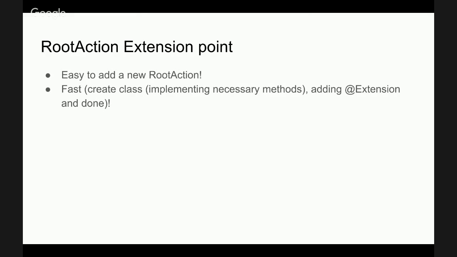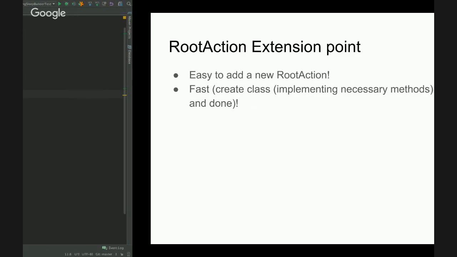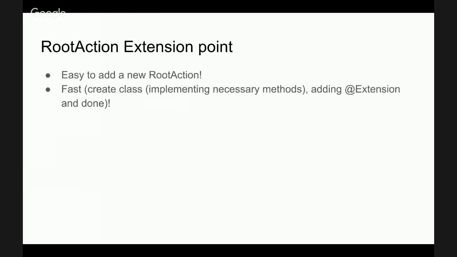You just create the class, you implement the methods that are needed, and you add the extension annotation, and you're pretty much done. We also saw that using Jelly, we were able to take the page and render it a little bit better, to make the page dynamic, to be able to call things like Java code. So it could be really powerful.